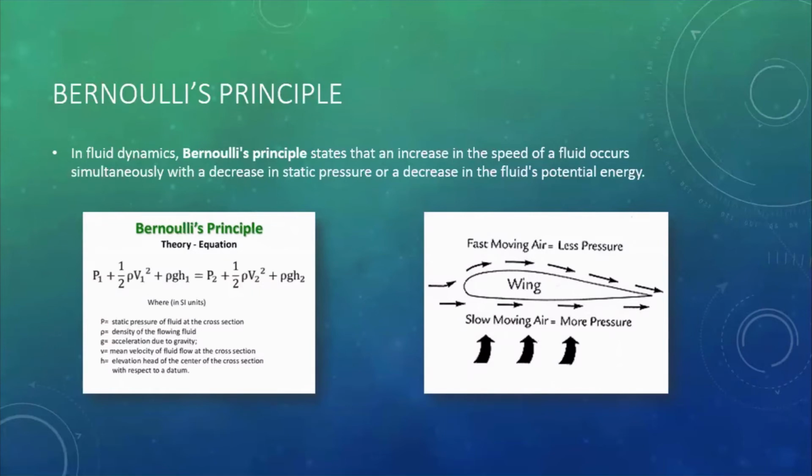This equation basically tells us that fast moving air will produce less pressure and slow moving air will produce more pressure. And as we can see, the resulting net force will make an airplane wing fly as air is passing through.